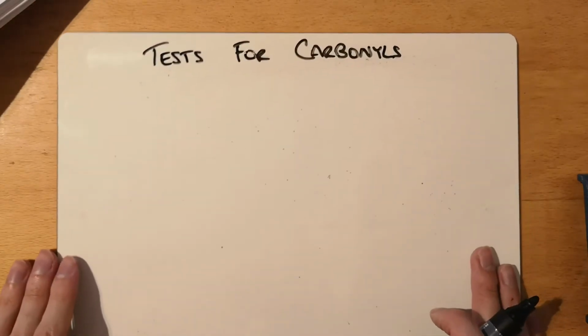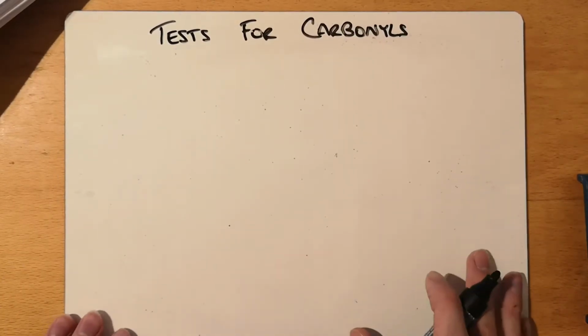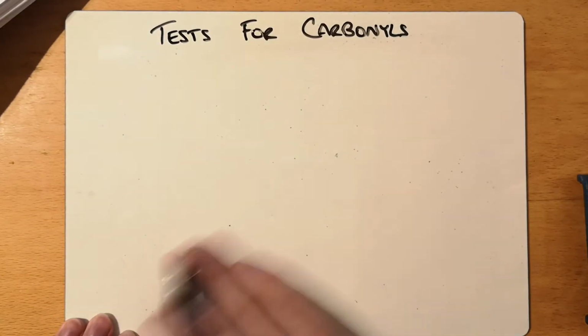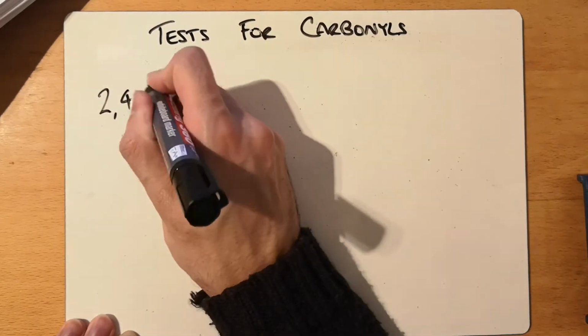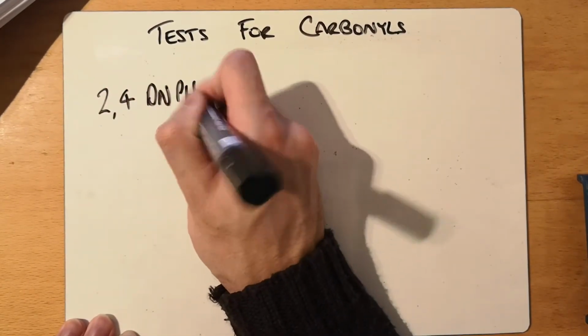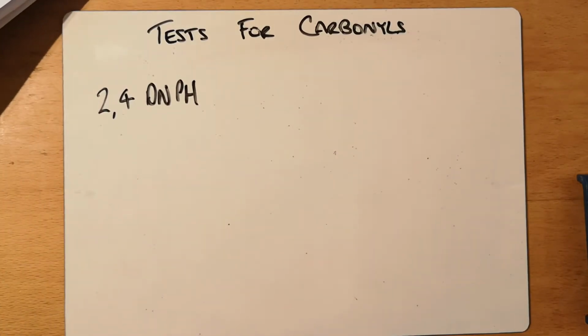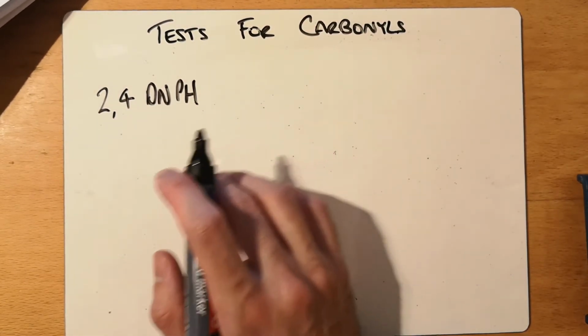Final thing we need to look at is the test for carbonyls. First of all, the test for carbonyls is 2,4-DNPH, or dinitrophenylhydrazine. You don't need to learn the full name.